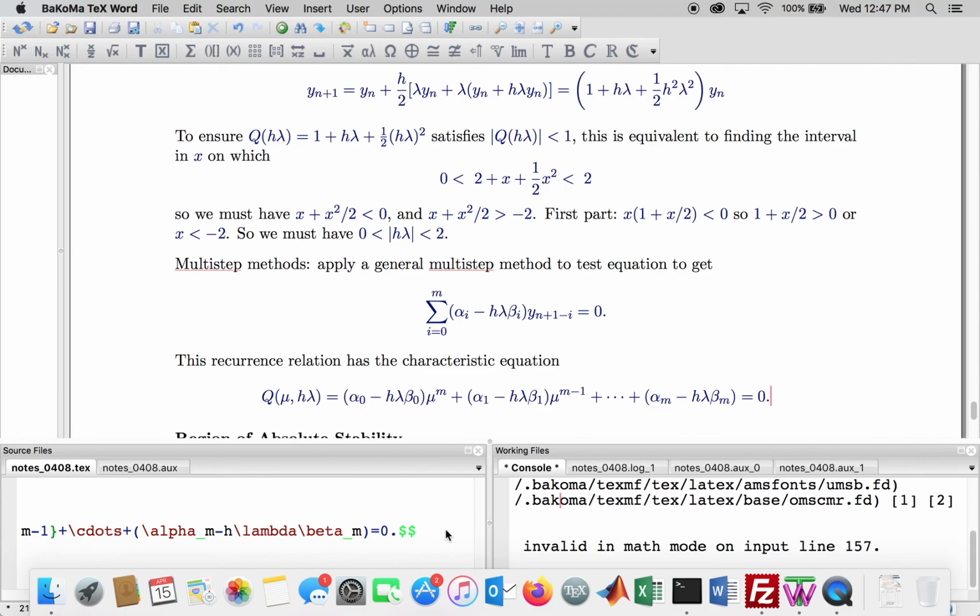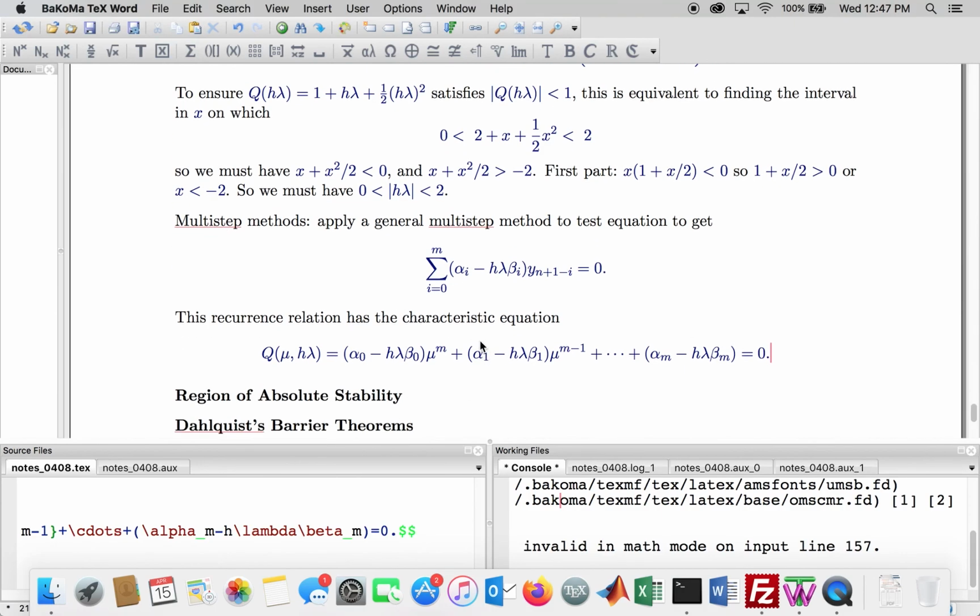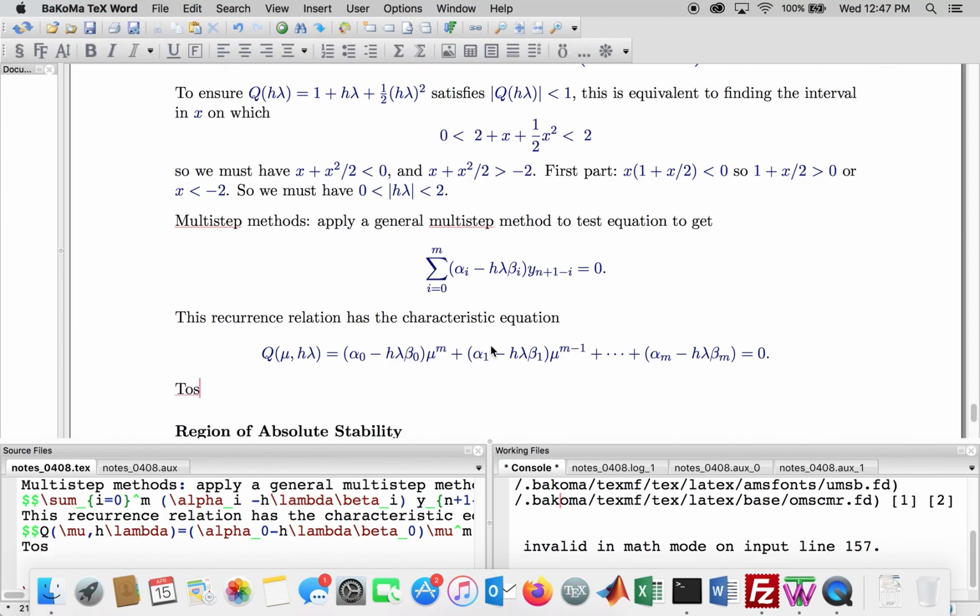So as before, in order to make sure that solutions of this recurrence relation, in other words, the y's, do not exhibit exponential growth, in fact, we really want exponential decay. So to ensure exponential decay, it's stronger than the root condition we saw before.